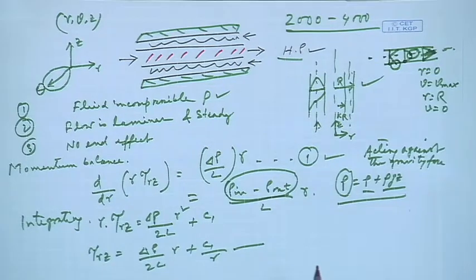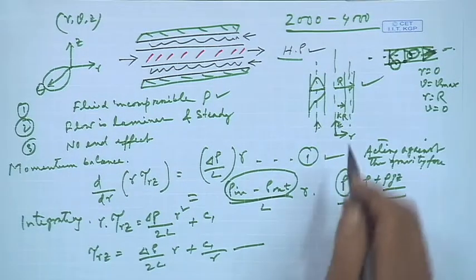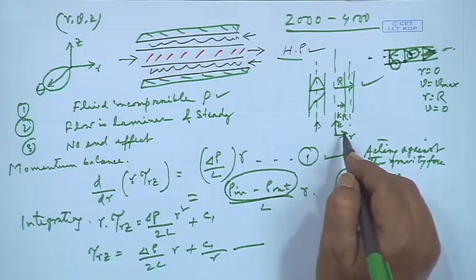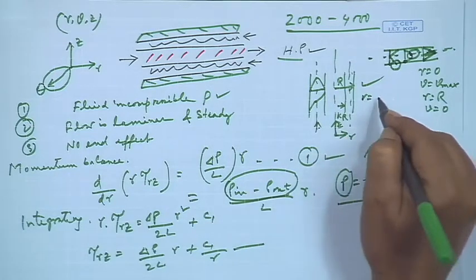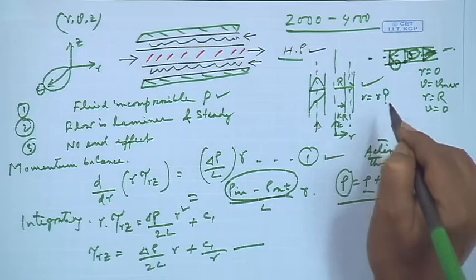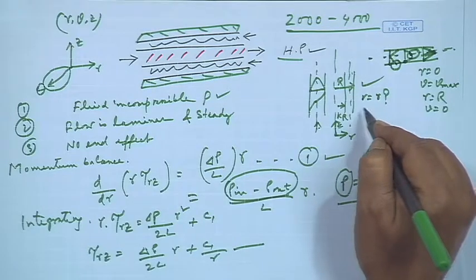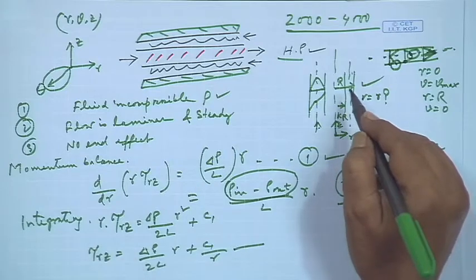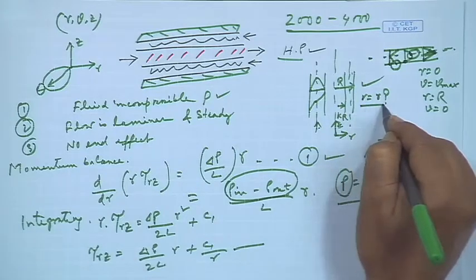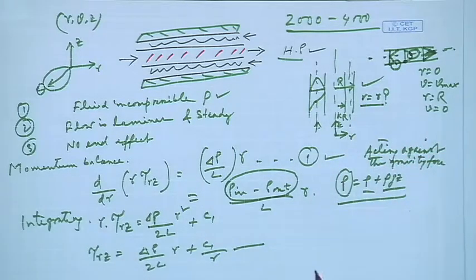So, this boundary was known, but here we do not know at what r the velocity will be maximum.